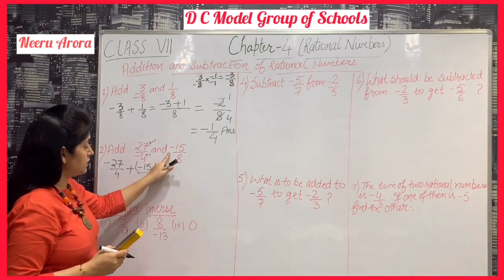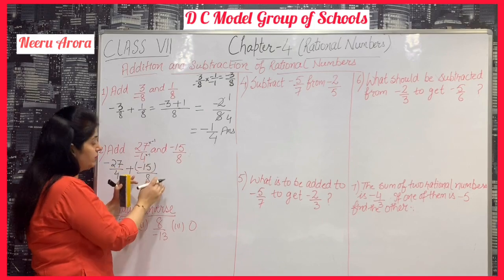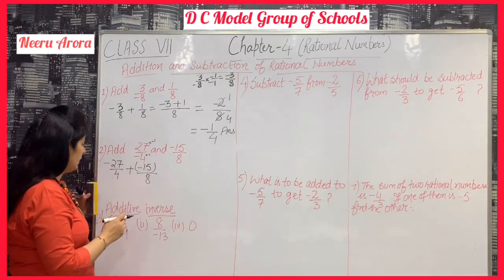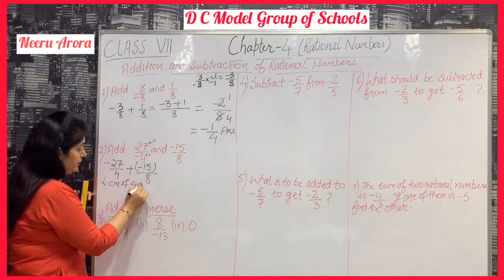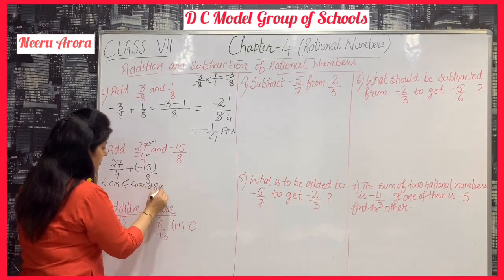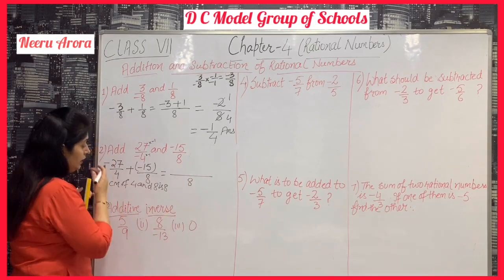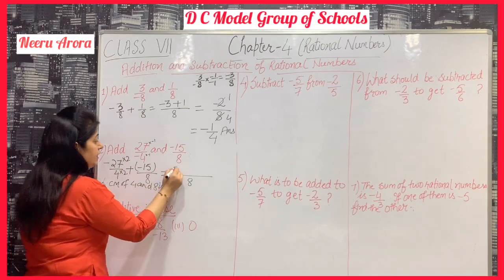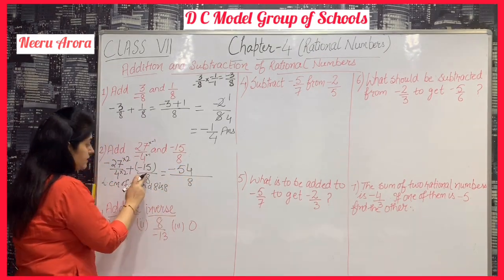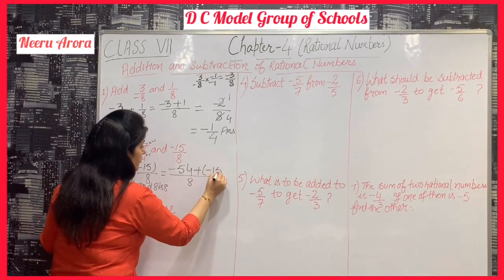I want to advise you that wherever you see a number with a minus sign, keep it in brackets. So the LCM of 4 and 8 is 8. Here 4 2s are 8, so we multiply by 2. Here it comes minus 54. Next 8 remains as it is, plus minus 15.